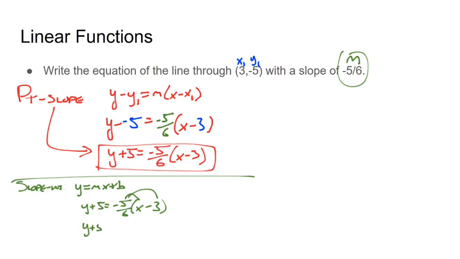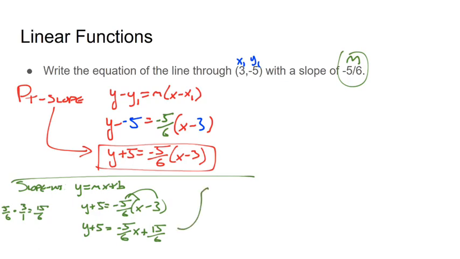So we have y plus 5 equals negative 5/6 x. And whenever I multiply negative 5/6 times negative 3, a negative times a negative is a positive. We might want to just come over here and do this side. We're really doing 5 over 6 times 3 over 1. So when we multiply straight across, we have this.